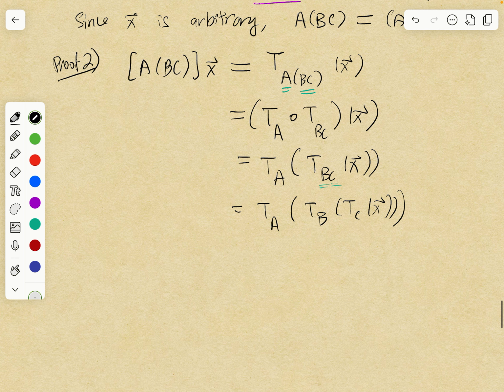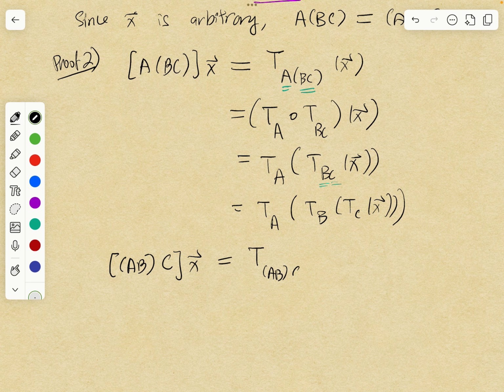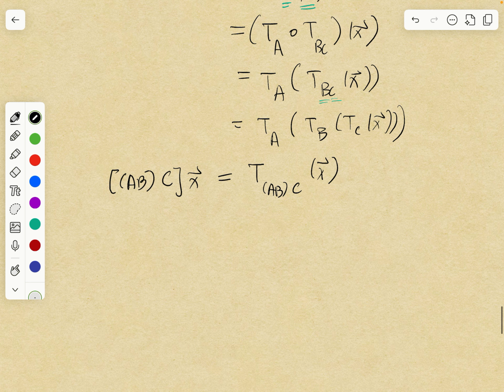Well, we'll show that that's the same as what you get if you take the product AB times C applied to X. Because by definition, this is equal to T sub AB times C of X. Again, that's using the connection between matrix multiplication and linear transformations. And again, I have a product of these two matrices.